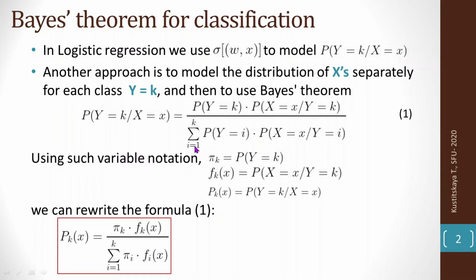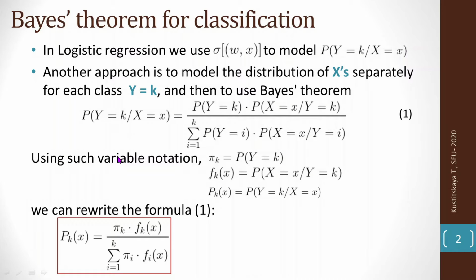The same types of probabilities we can also find in the denominator, and on the left side of our formula we see a posterior probability that the observation belongs to the kth class, given the predictor value for that observation.